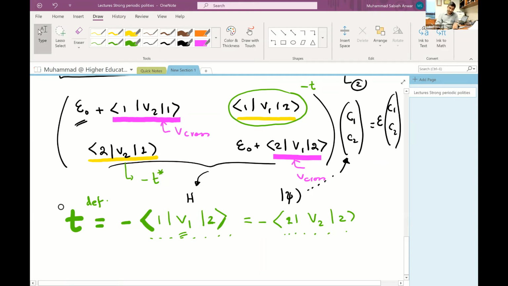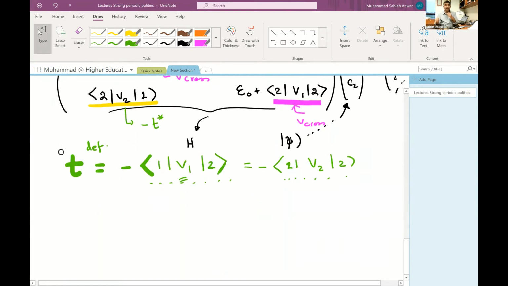So this is how I define my T. T is a matrix element for any potential which connects the electron in one orbital to the same electron in another orbital. All right. So it represents some kind of transfer. That's where the letter T comes from. Some kind of transfer or hopping between the two orbitals. And we'll see in a minute why this is true.